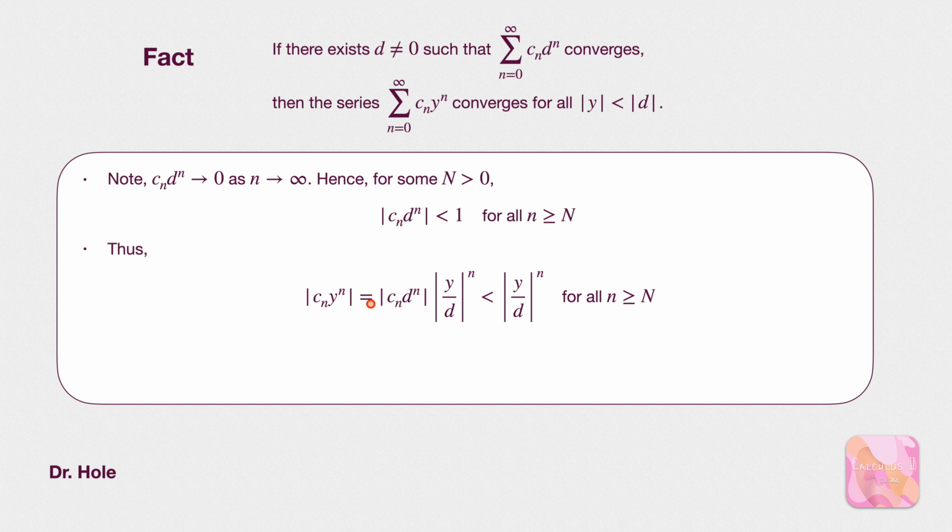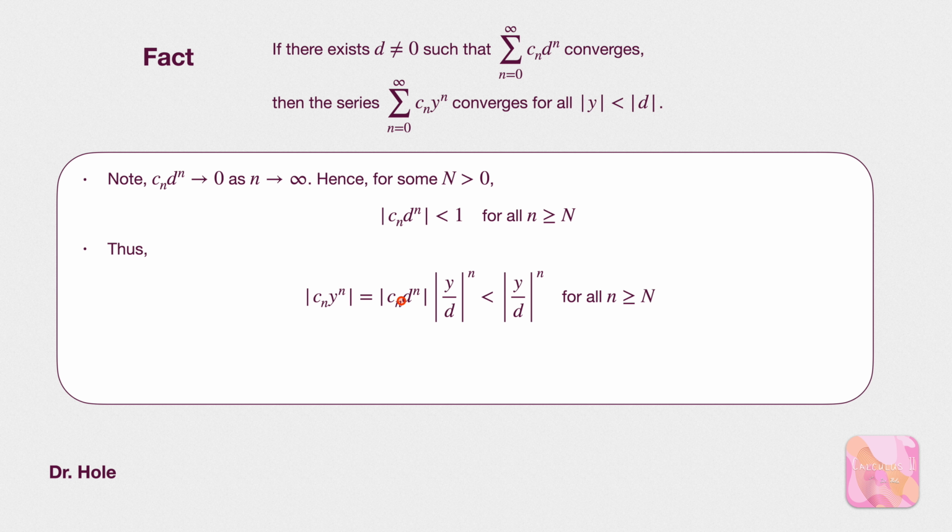Well, how can we obtain an equality? Well, it's easy. We just multiply by 1, the absolute value of d to the n over the absolute value of d to the n. Using algebra, rearrange in this fashion, and then take advantage of the fact that we know Cn d to the n in absolute value is strictly less than 1.